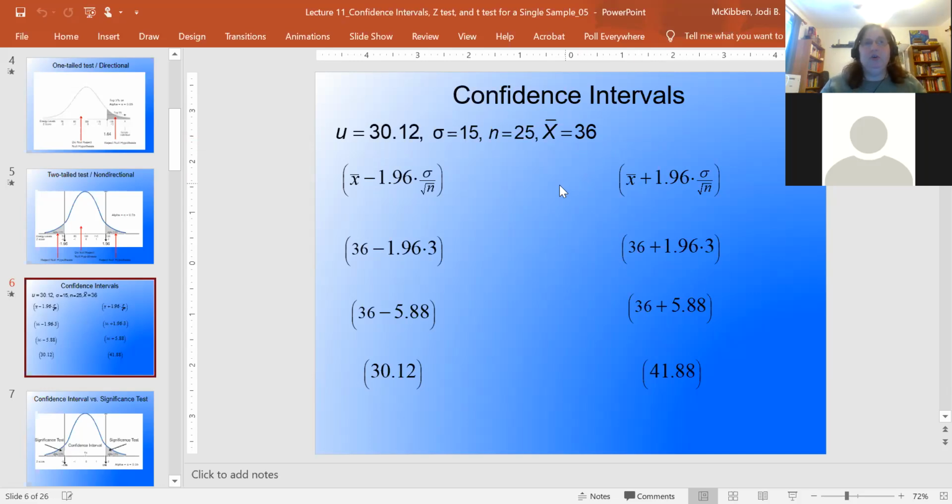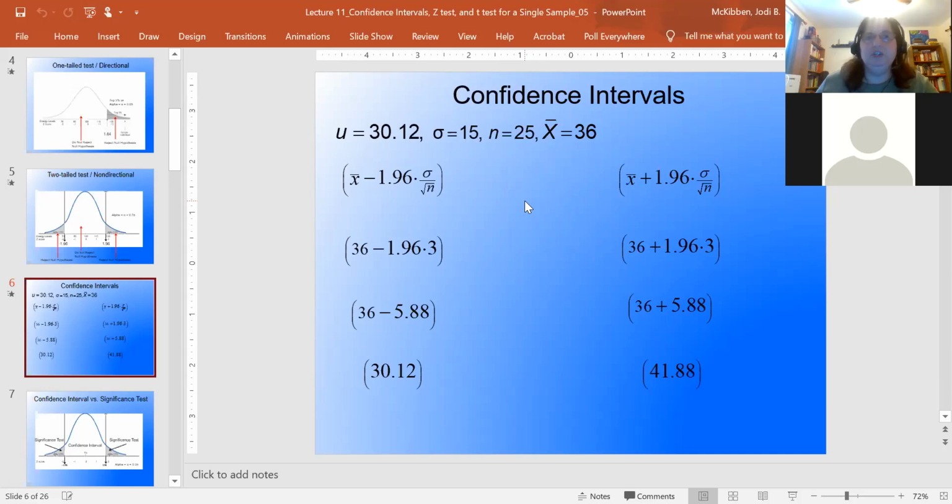Okay, so the one other thing we have to know is what the alpha is. Now it's either going to be a 95% confidence interval, which translates to 5% in the tail, which is divided into 2.5% in each tail, or a 99% confidence interval. This is another one that I think might be worth either memorizing or making a note of.